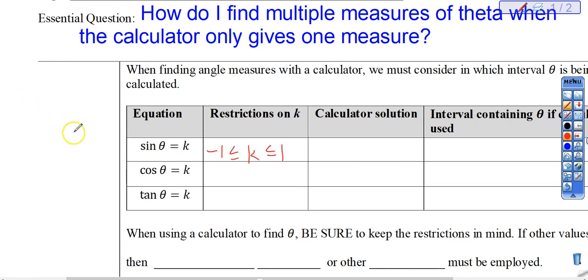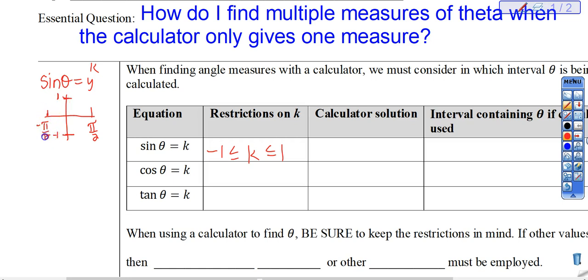And so, if you recall when we graphed the sine function, I'm just going to come over here really quick. So sine of theta equals y, or in this case k, some value k, from -pi/2 all the way to pi/2. The graph will span the entire positive to negative value range.